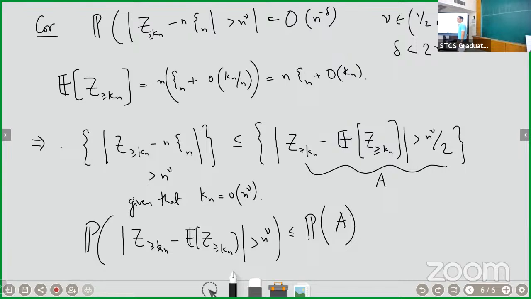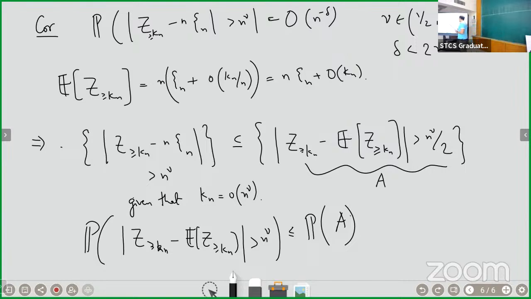And now how much is this? Chebyshev inequality will tell you something. How much is P of A? There it should be variance of Z. Yes.